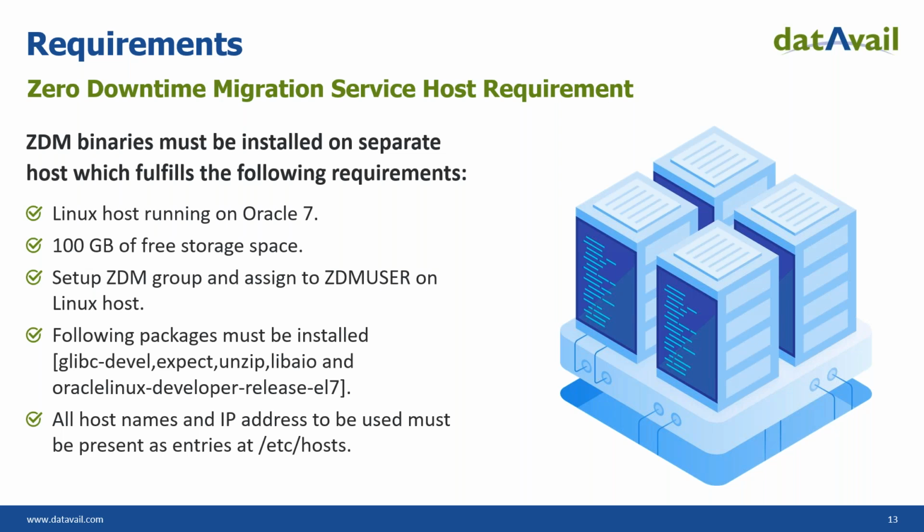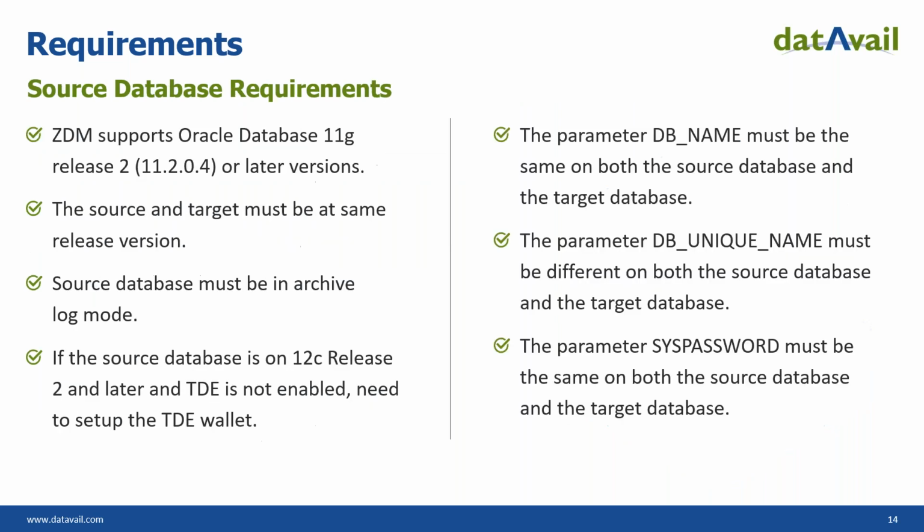And we need to install JDM using the given instructions. We need to create some groups and install pre-packages before installing JDM. Also, just like we do in an Oracle RAC system, we need to make an entry of all hosts that we have for source and target so that it recognizes them and does the job.